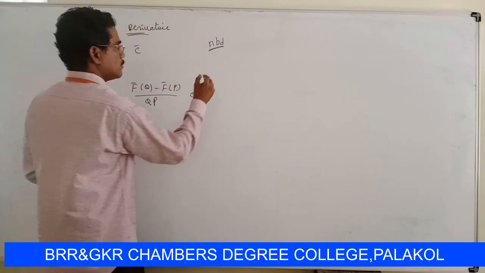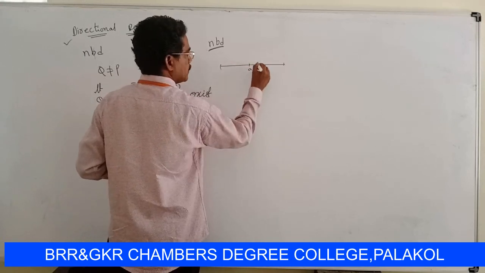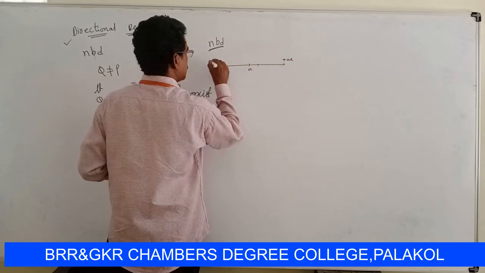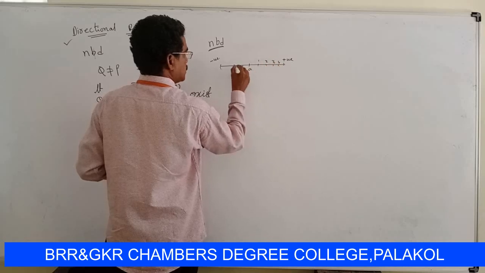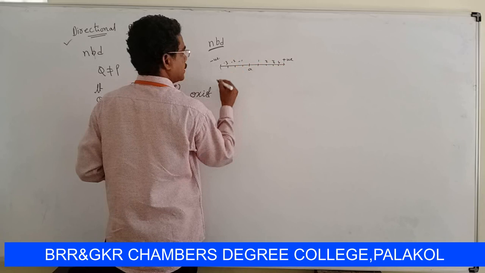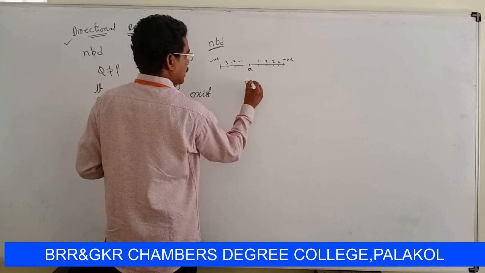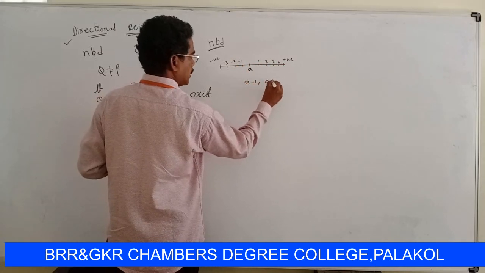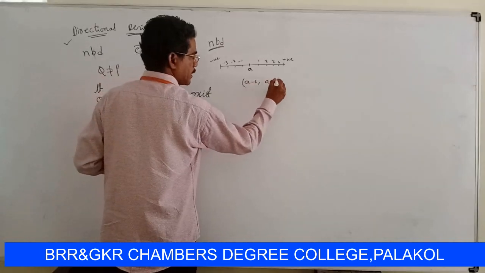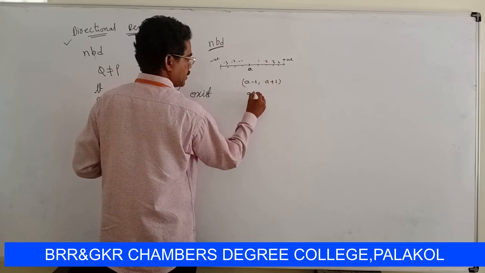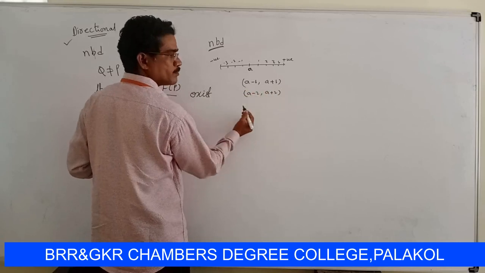Suppose an element A on this line, with the positive direction and the negative direction: 1, 2, 3, 4 and -1, -2, -3. Consider some element A. Then (A minus 1, A plus 1) is a neighborhood of A, a neighborhood at distance 1. And (A minus 2, A plus 2) is a neighborhood at distance 2.